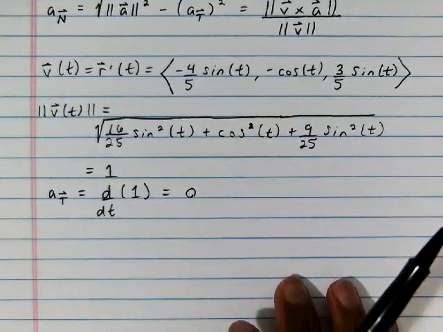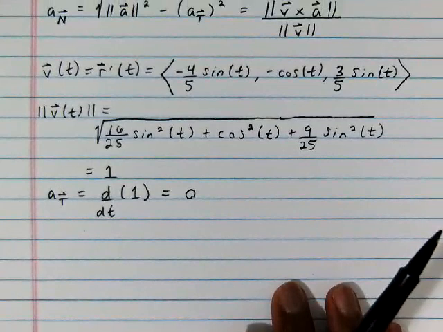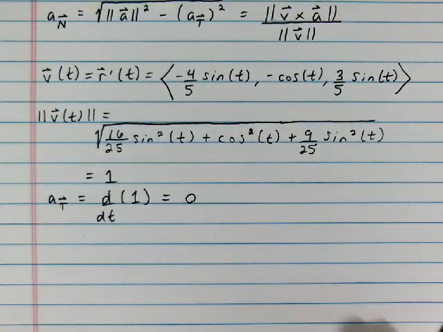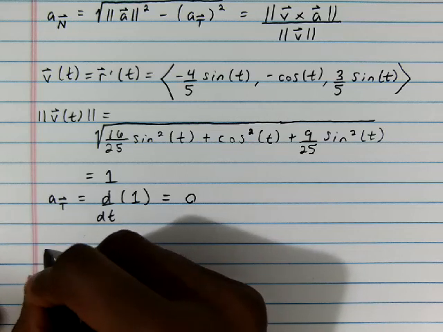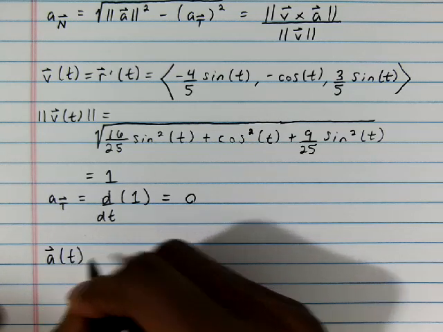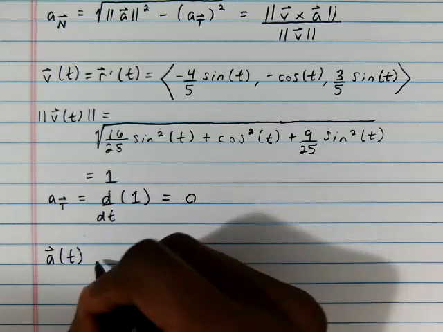All right, so now we need acceleration. We can still see the formula we're using. So a of t, or b prime of t, or r double prime of t, whatever you want to look at it as.